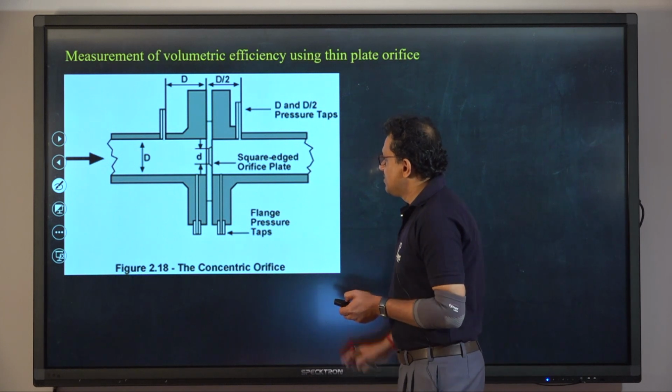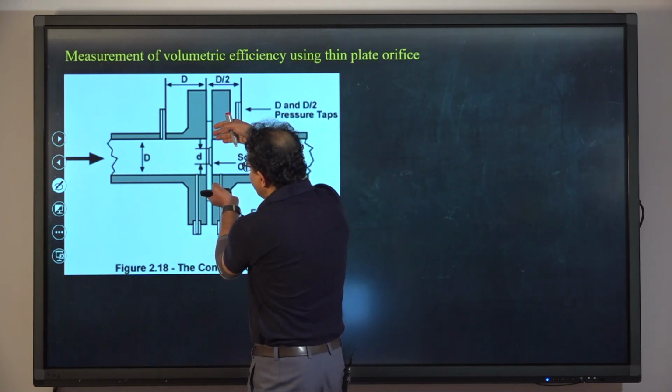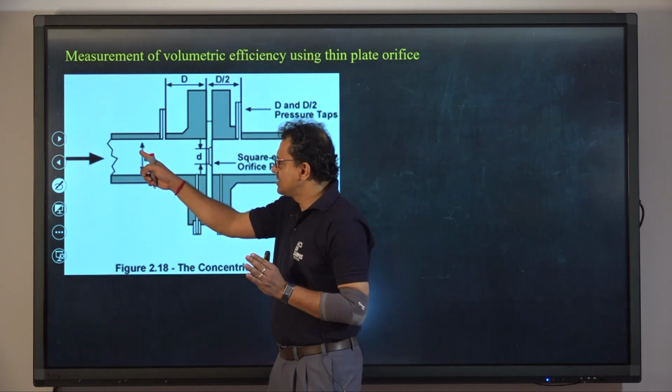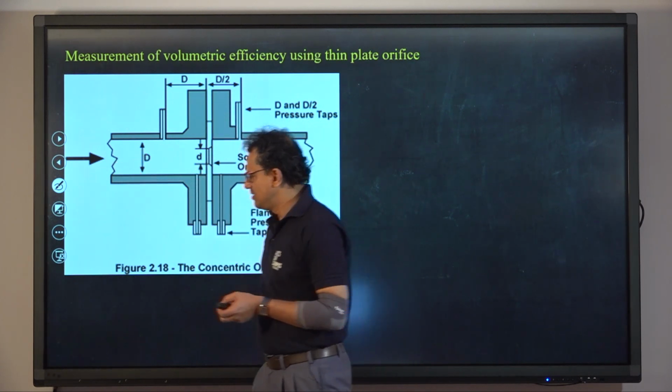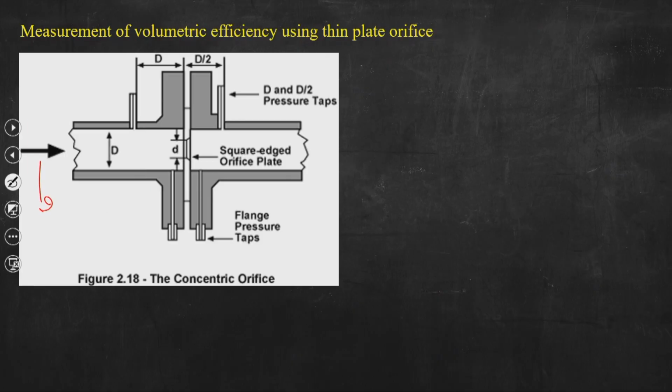Now, in the schematic depiction, you can see this thin plate orifice is integrated into the intake manifold. So, this is incoming air.